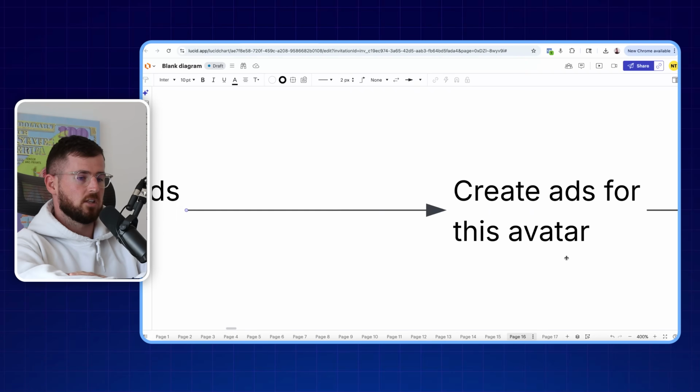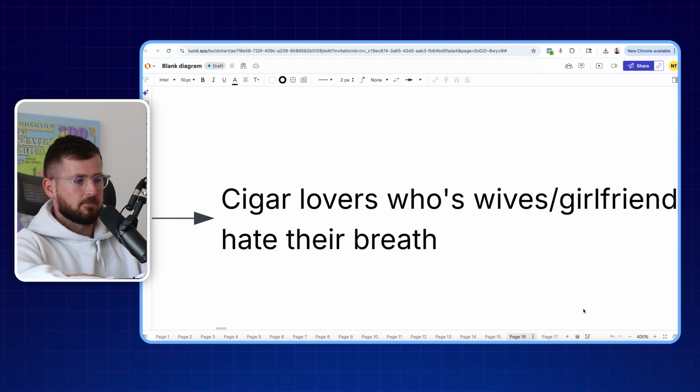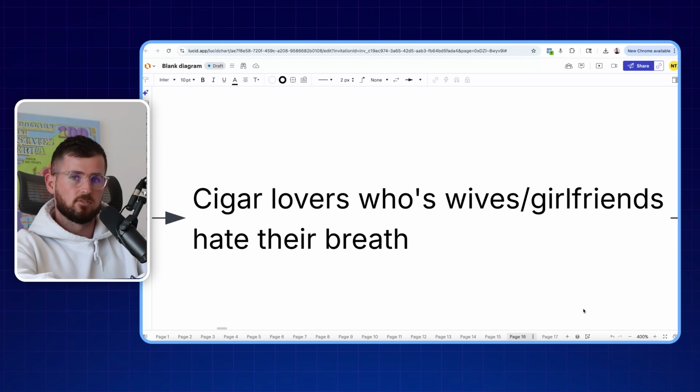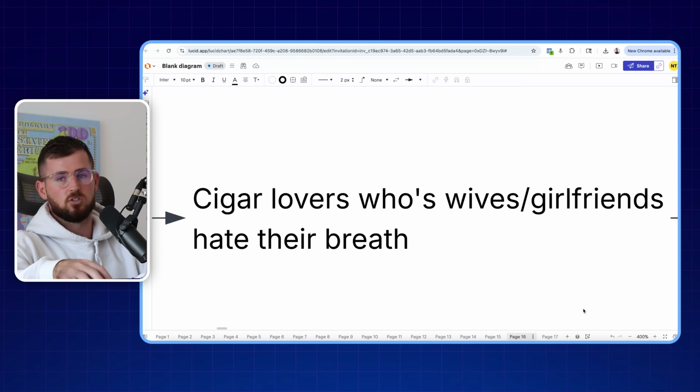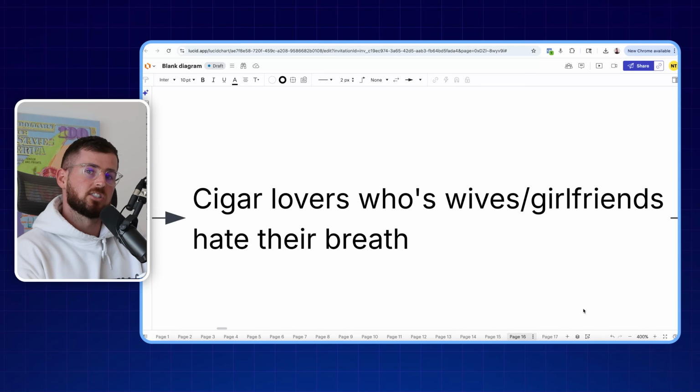The reason why cigar lovers would be a good ideal demographic for this is because cigar lovers are already used to spending $10, $20, $30 a stick for a cigar. They're already spending $30, $40 for a nice lighter, a nice cutter. Humidors can go for a couple hundred. So they're already spending a lot of money on cigars, and this is not smokers. This is cigar lovers. I want to be very clear on this.